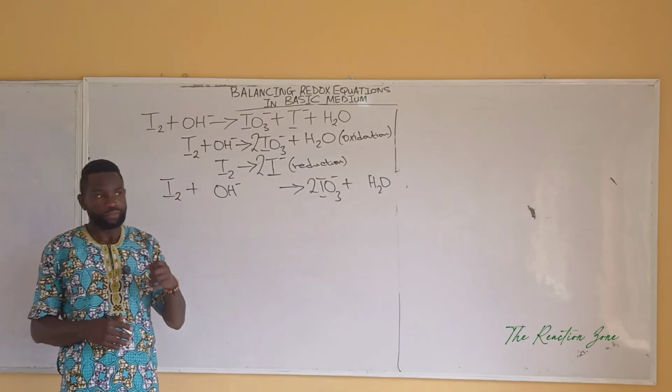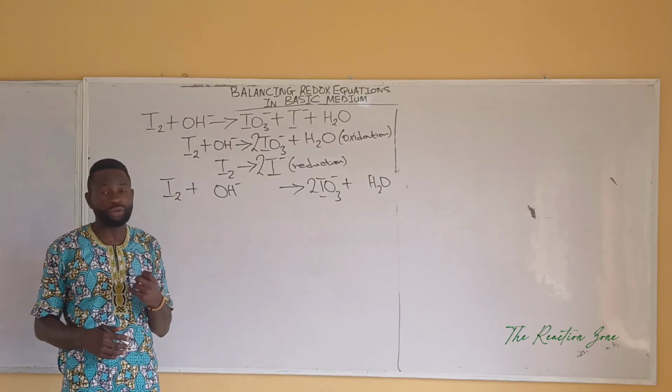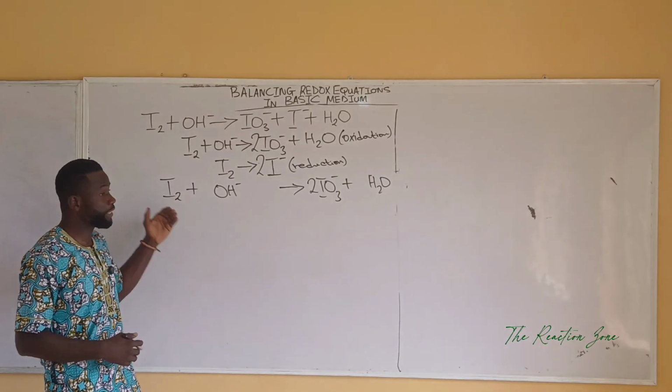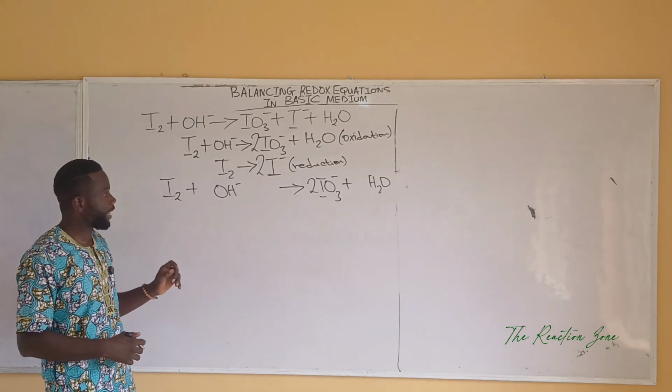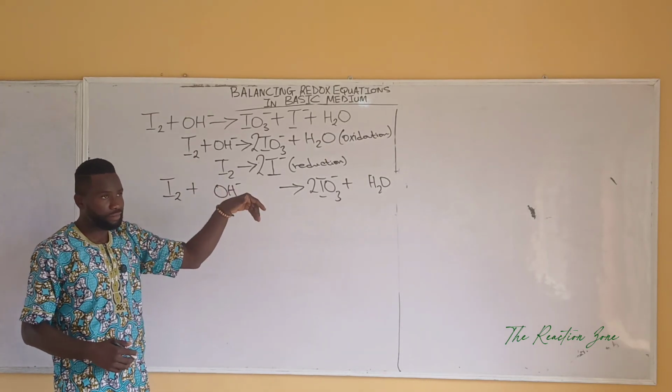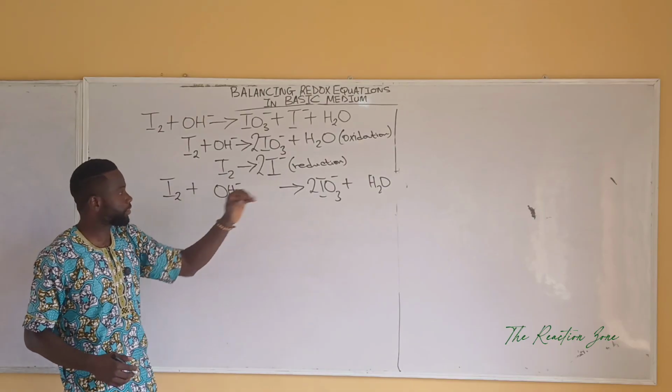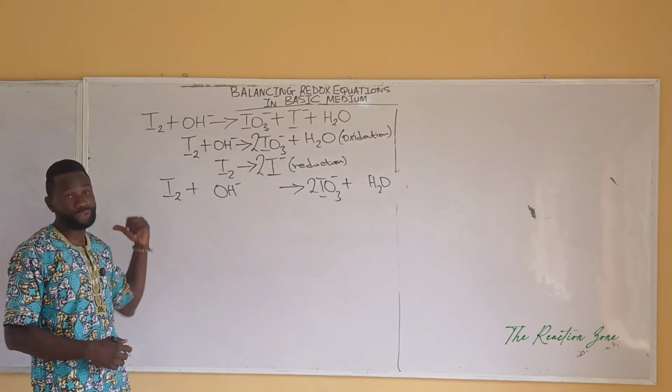Why? Because the rule for balancing oxygen atoms in basic medium is that for each excess oxygen, a molecule of water is added to the side of the excess and 2 OH minus is added to the other side.